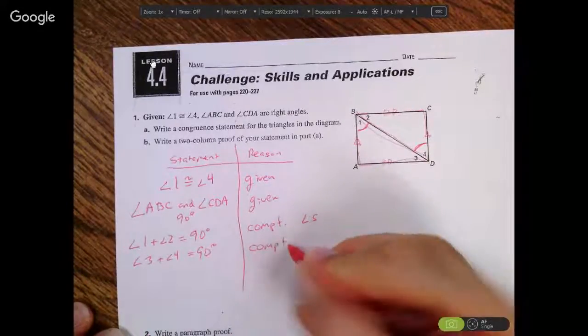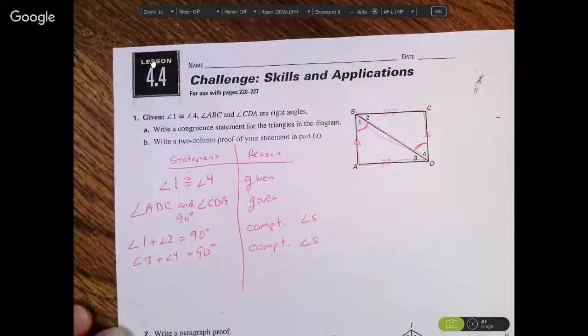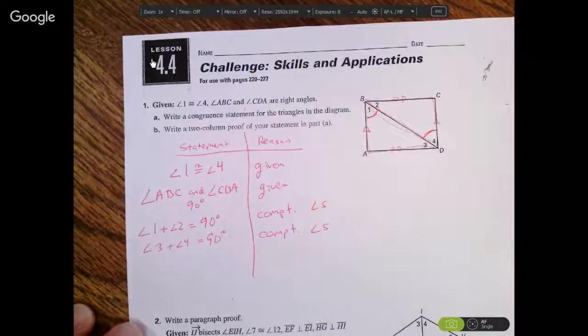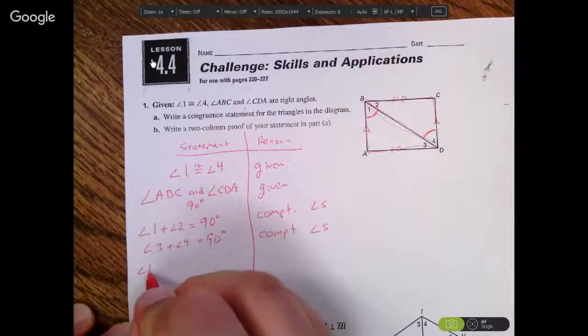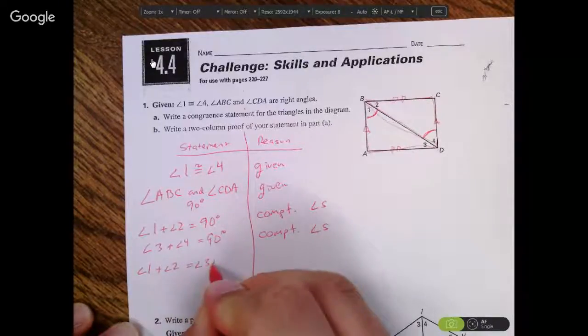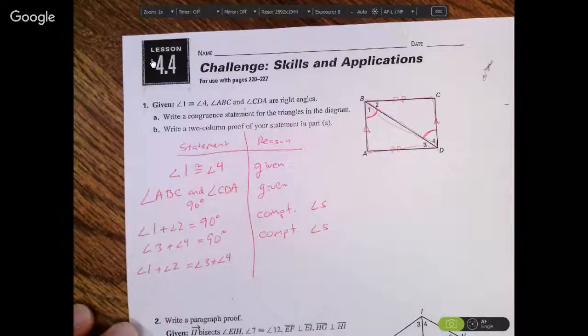I don't know why I'm abbreviating complementary angles like that. It's kind of weird, but doing it. And then I know that angle 1 plus angle 2 equals angle 3 plus angle 4. That's substitution.